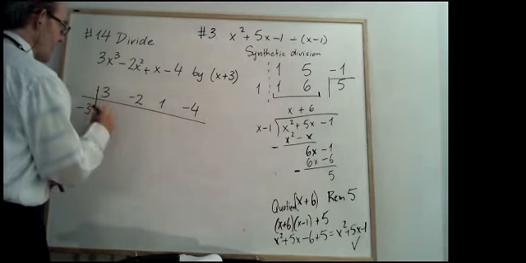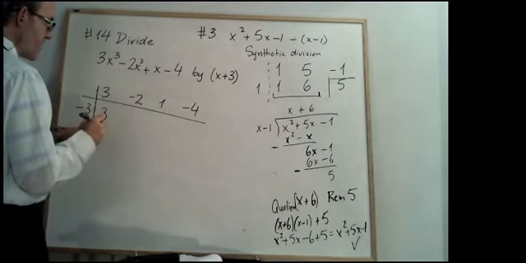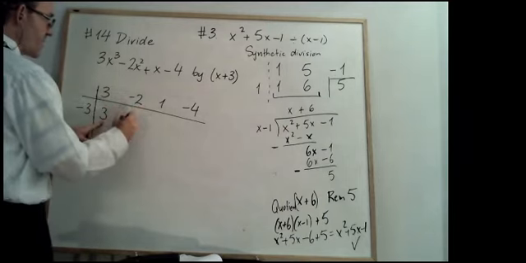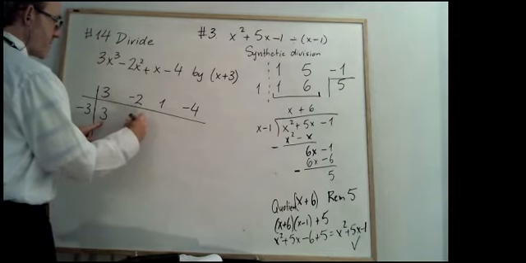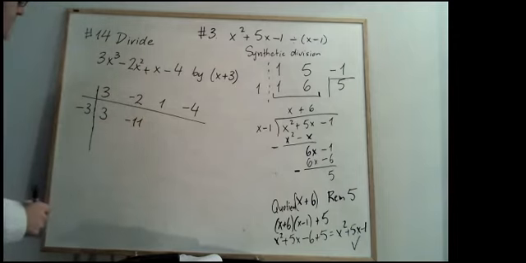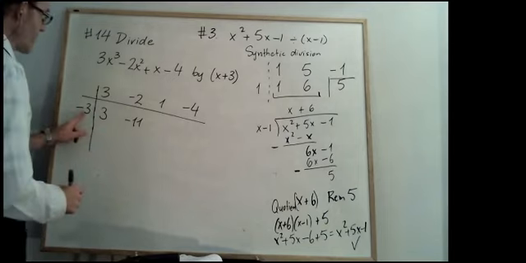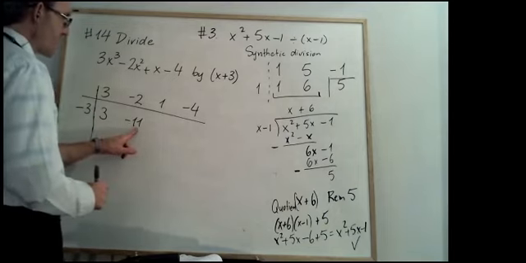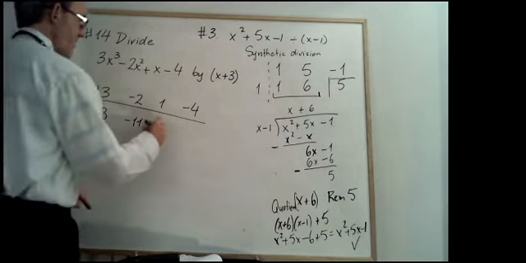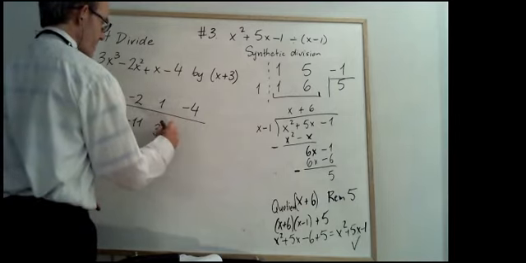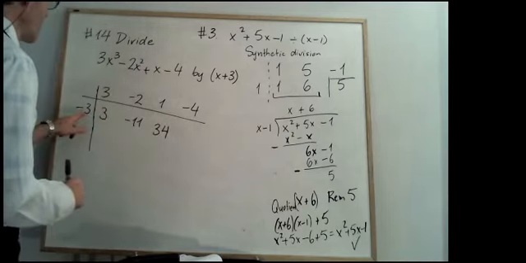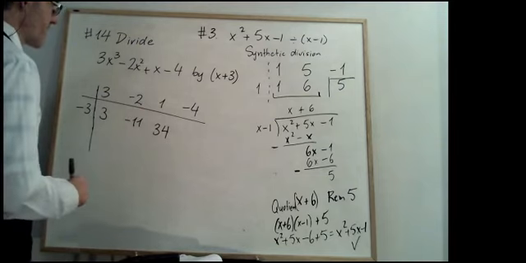So minus 3, I start with 3 here. So minus 3 times 3 is minus 9. Minus 2 is minus 11. Minus 3 times minus 11 is plus 33. Plus 1 is 34. And then finally, minus 3 times 34.